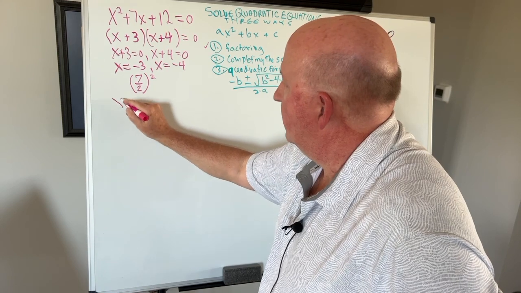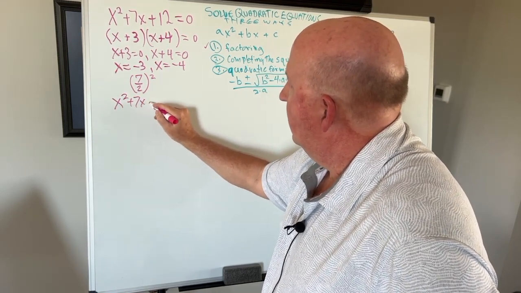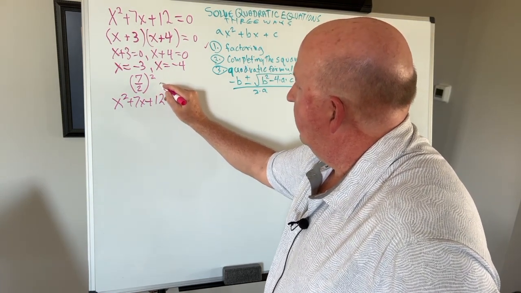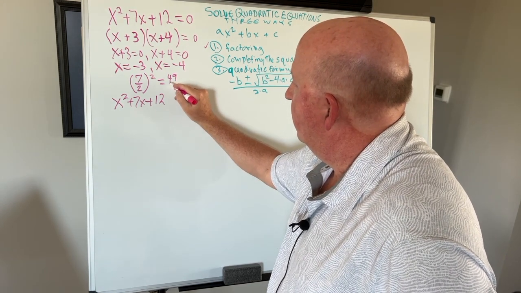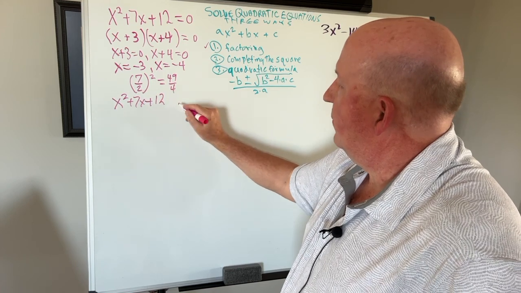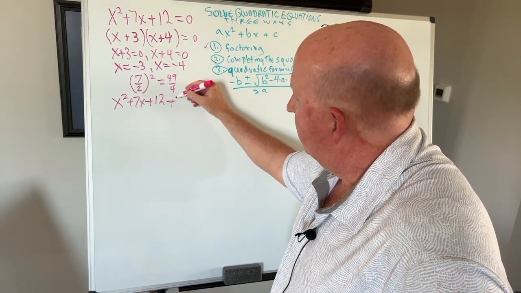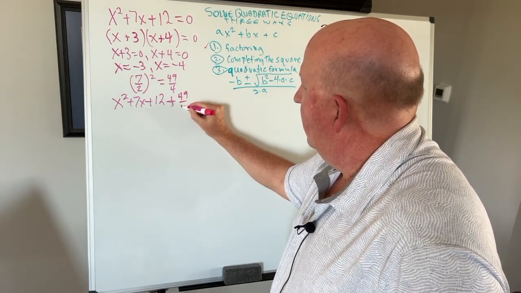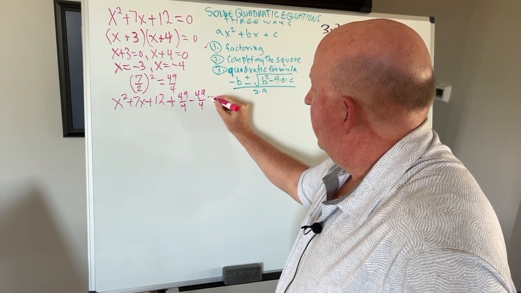So I'm going to take x squared plus 7x, and do each step. First of all, 49 over 4: 7 squared is 49, and 2 squared is 4. So I'm going to add it, and I'm going to subtract it, and that equals 0.